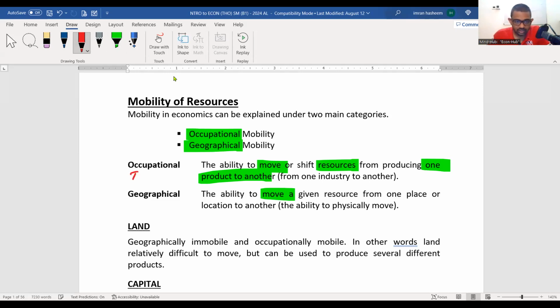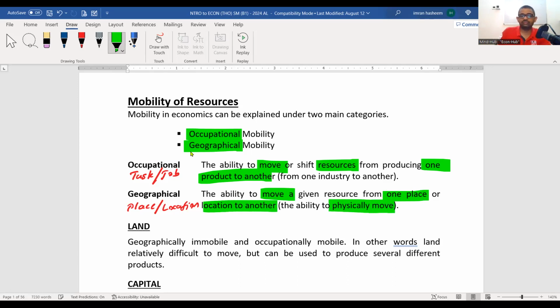This is about the task or the job. This is about the place, or the location. Mobility from one place or location to another place or location.